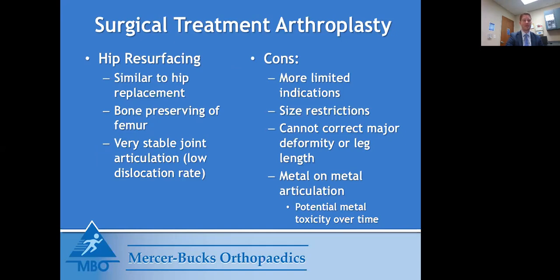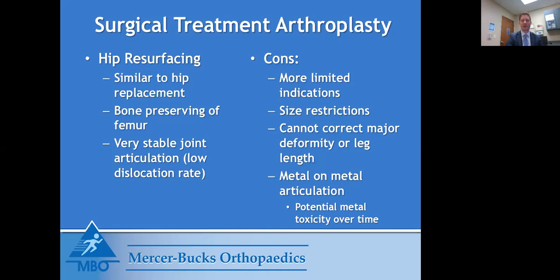Some of the benefits: it's a very stable joint, with a very low rate of dislocation. But some of the cons: the indications are more limited. Fewer patients fit the profile to have this type of operation. There are size restrictions. For patients on the smaller or larger end of the spectrum, we don't have appropriately sized implants.